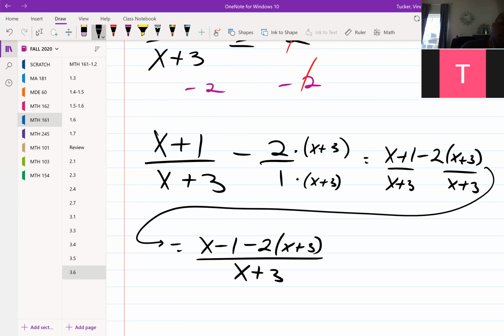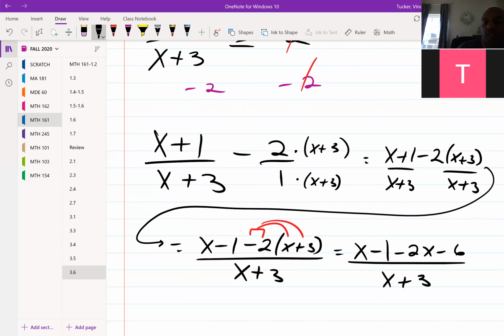All right, so bring them together. Now I can distribute not just 2, but negative 2 into my parentheses. Make sure you're careful with that negative. Make sure you do distribute it. So there's x plus 1 minus 2x minus 6.